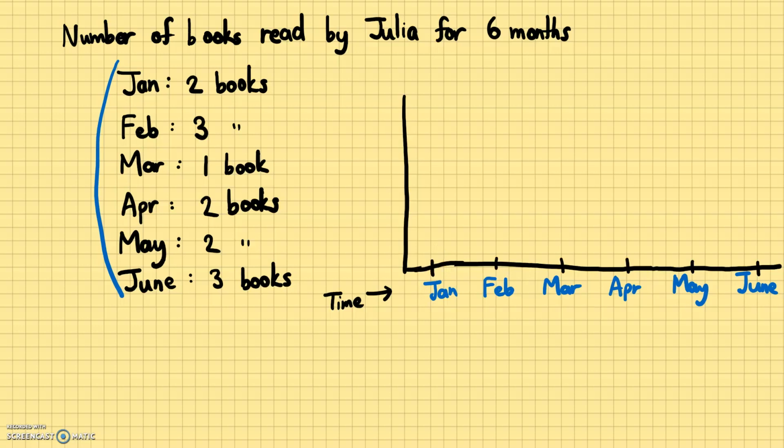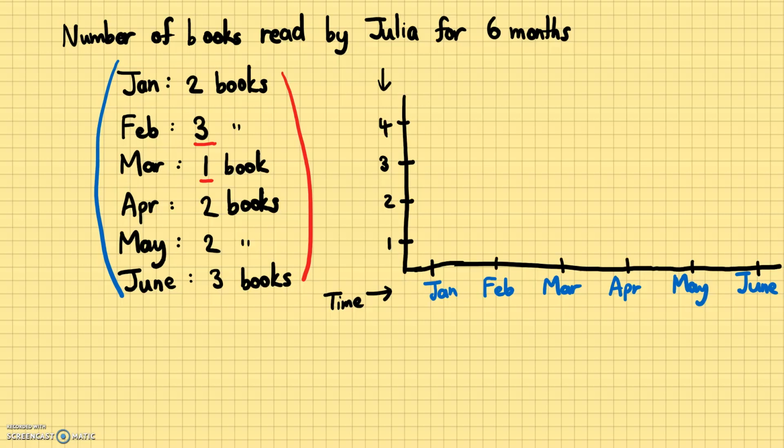On this side, we're going to have the number of books. Since the lowest number of books is 1 and the highest is 3, we don't actually have to go by 2s. We can just write 1, 2, 3, and you can even write up to 4 if you want.